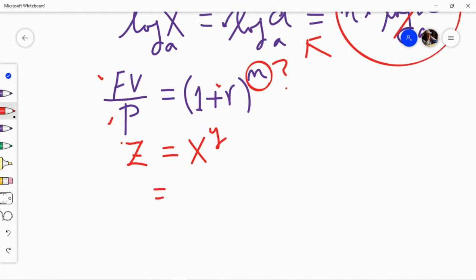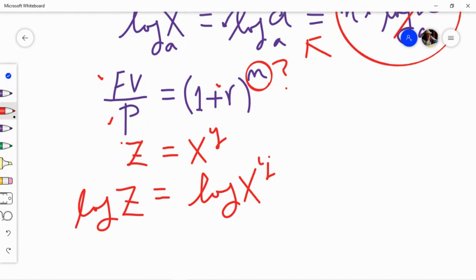So basically, the right-hand side will be log of x raised to y, and then the left-hand side will be log of z. Then using the properties of log, we can rewrite this as y times log of x, right?